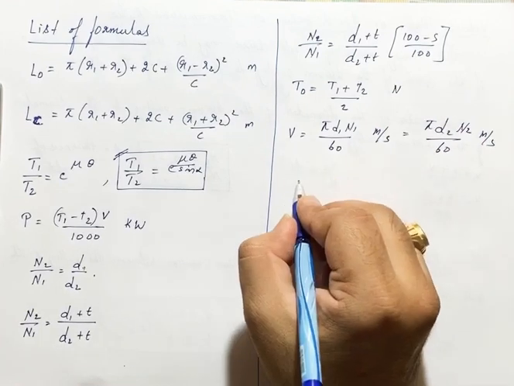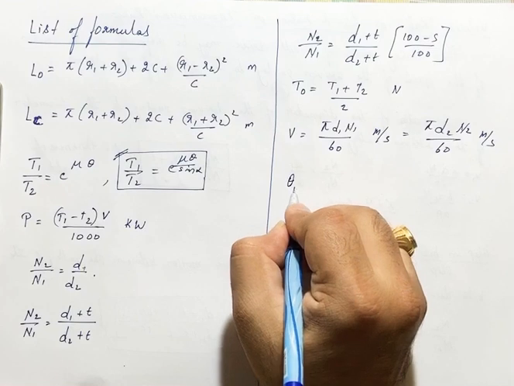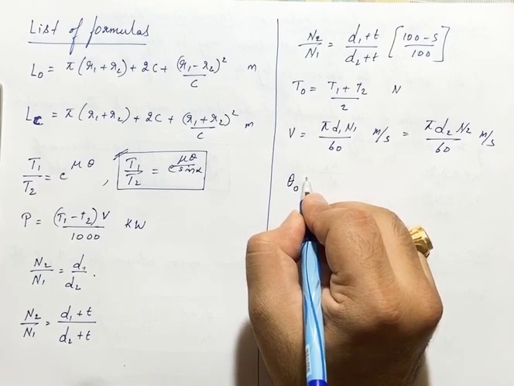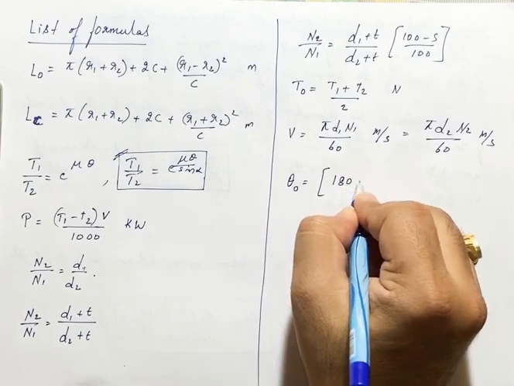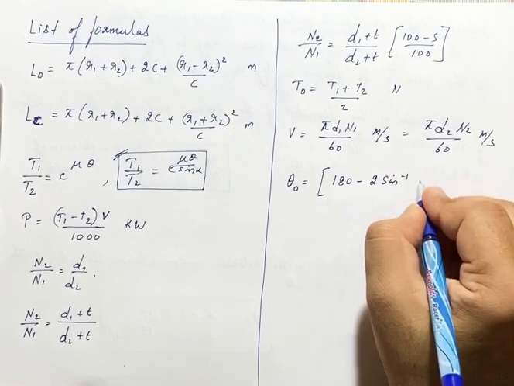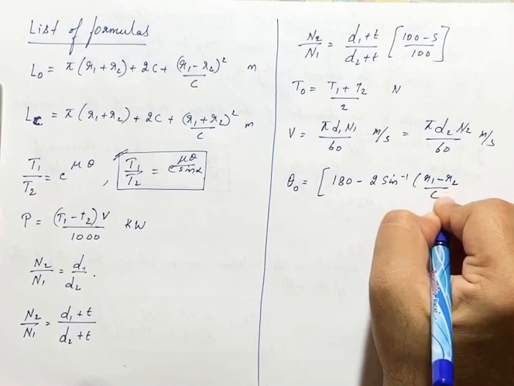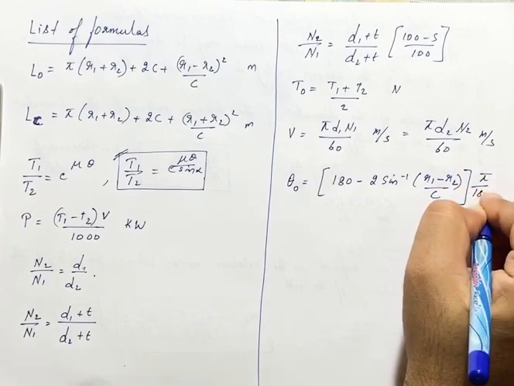Now after that we need to find out the angle of contact for an open belt drive. Theta O is the angle of contact for an open belt drive. We have the formula 180 minus 2 sine inverse of (R1 minus R2) by C into pi by 180.